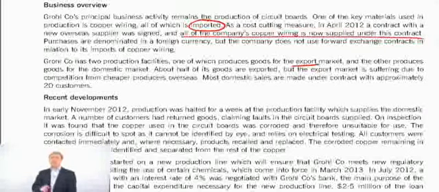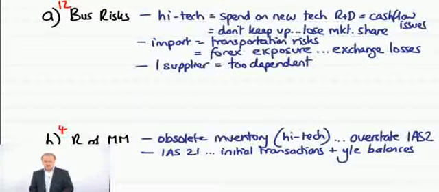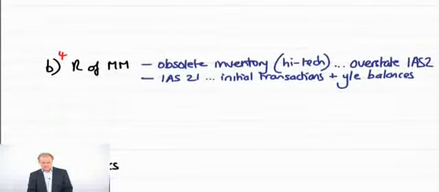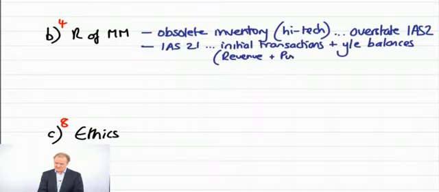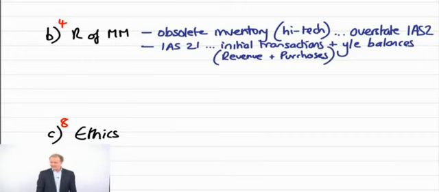Hey, export. They don't just buy from overseas, they sell to overseas, which means another risk of material misstatement, well, I suppose it's the same one: IAS 21 is not just purchases, it's clearly now revenue and purchases. So it works both sides of the business, stuff coming in and stuff going out.